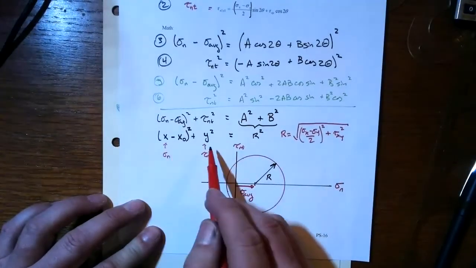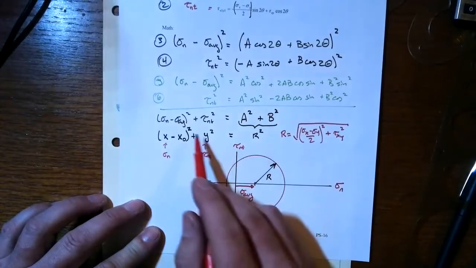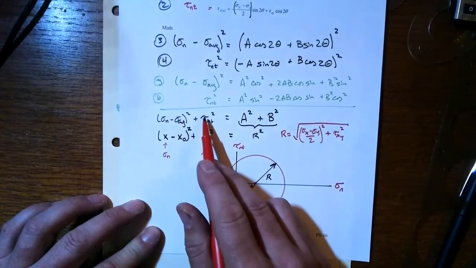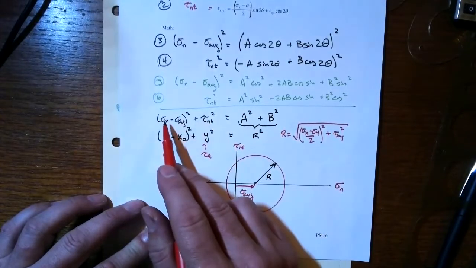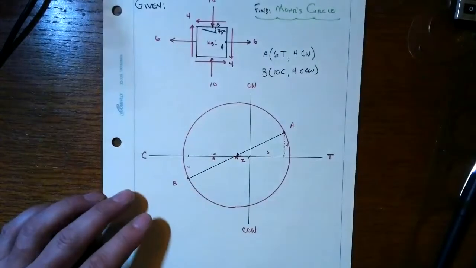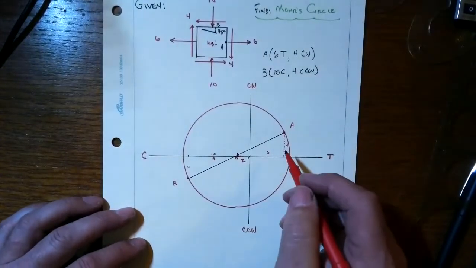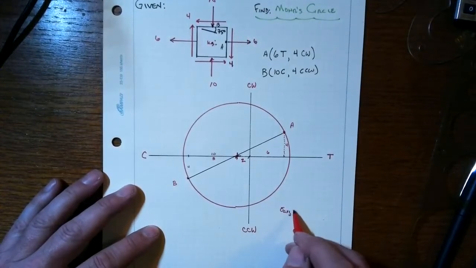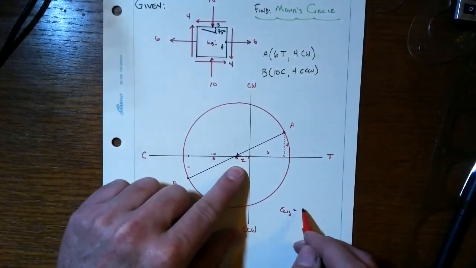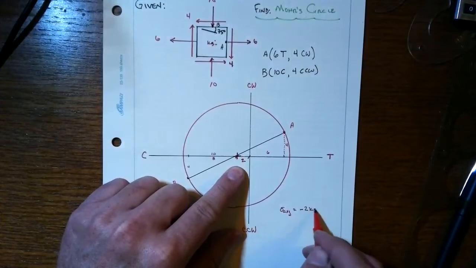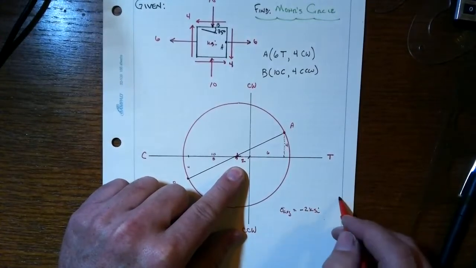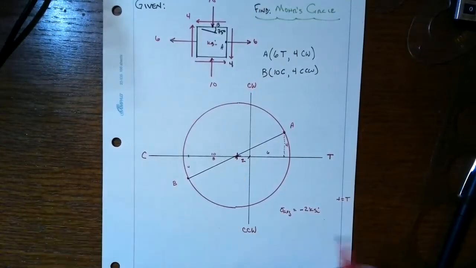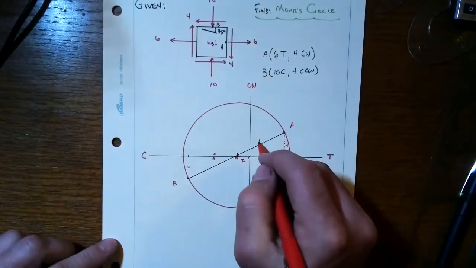So for every x and y combination that matches a circle that has its origin here, that's the sigma average, and then the y value is whatever the shear stress is in that plane, and that gives us the normal stress. So wow, that's pretty interesting. That means that our sigma average here is equal to a 2 compression, or minus 2 ksi, where plus equals tension, right? And that's interesting.